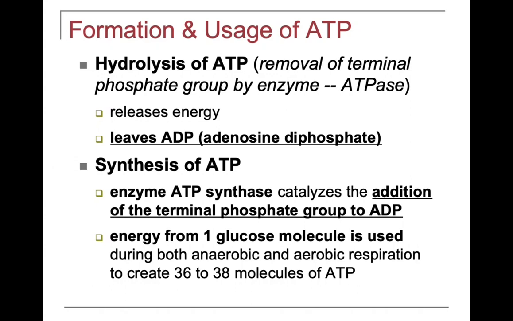If you remove a phosphate group, you don't have ATP, you've got adenosine diphosphate. But if you need to synthesize ATP, we use another enzyme. It's called ATP synthase. That's going to add a terminal phosphate group to ADP, so you're building up. You're going from ADP, adenosine diphosphate, to ATP, adenosine triphosphate. Okay?